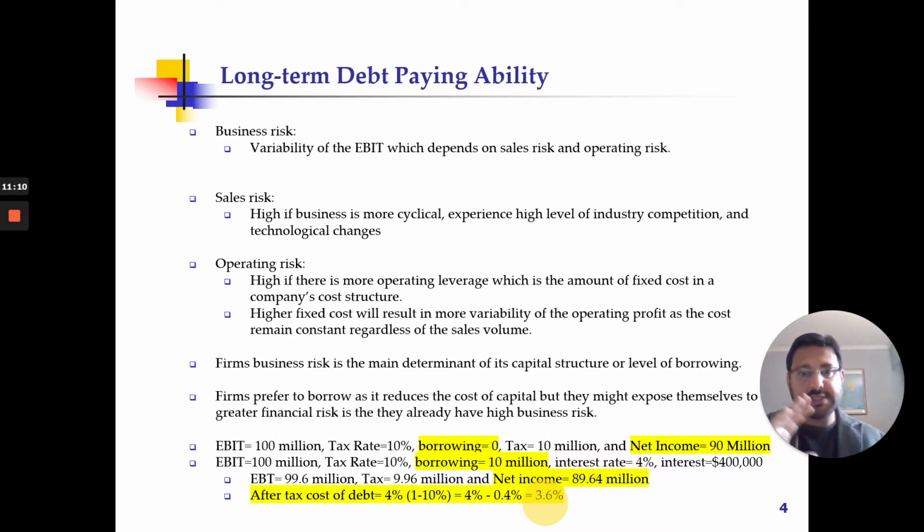So this trade-off is there, and everyone needs to understand why it is important for the creditors or the lenders to look into the debt ratios of the firm to understand how risky the firm's financial position is. If they have more debt in their capital structure, it automatically means that they are becoming riskier compared to the company which has less debt in its capital structure.